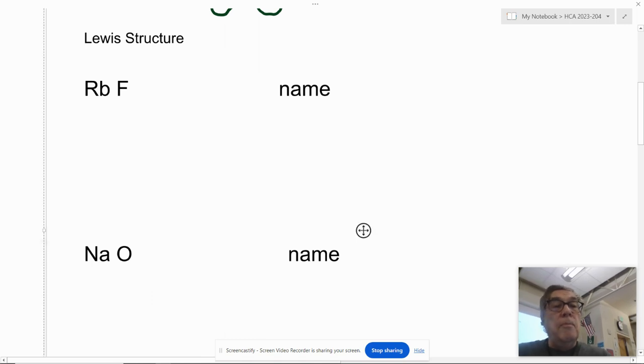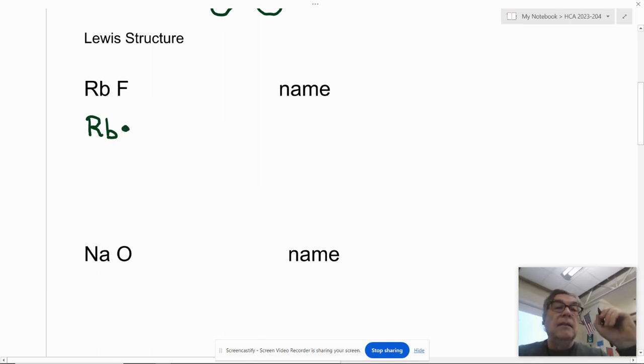So let's look at rubidium fluoride for a moment. Rubidium. Which column is rubidium in? So how many valence electrons? One. That's rubidium. Let's look for a moment at fluorine.